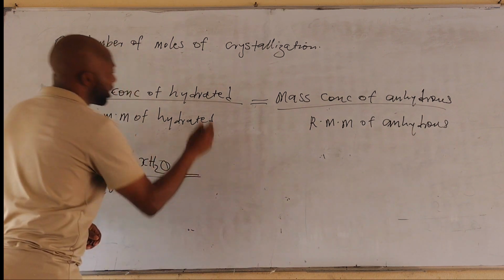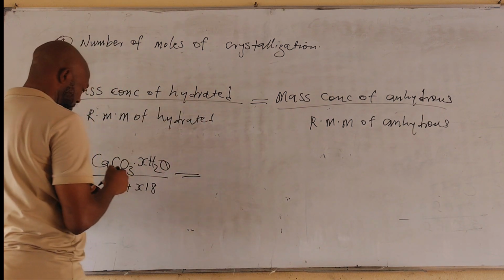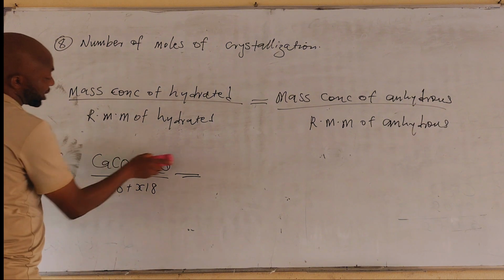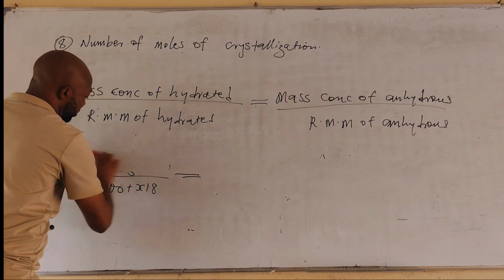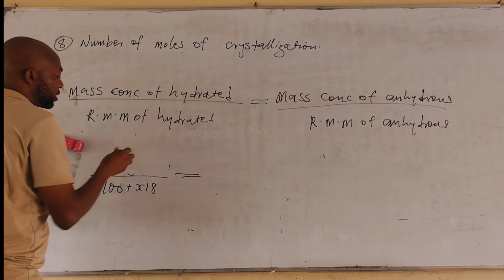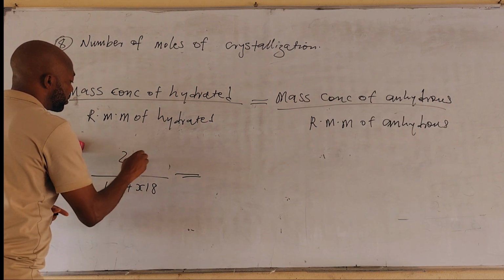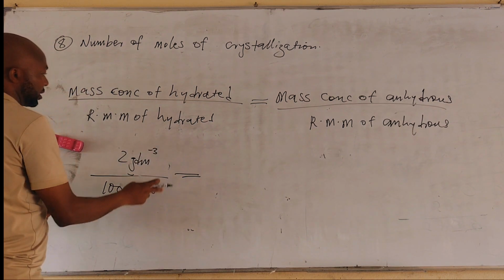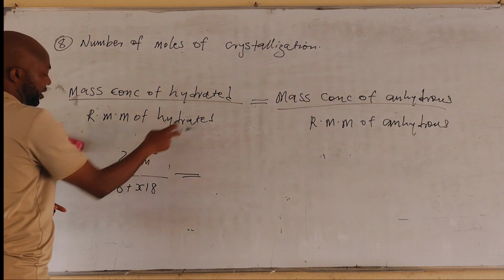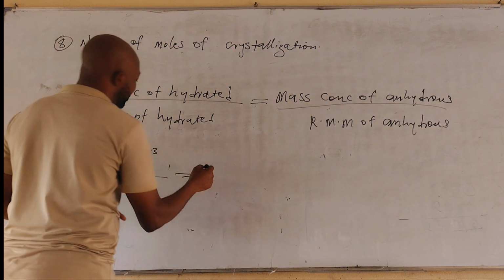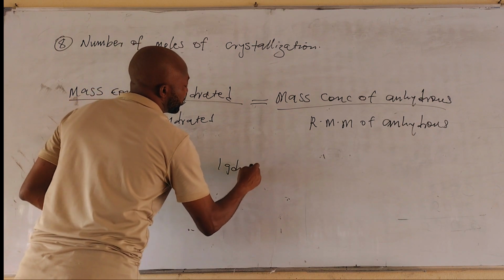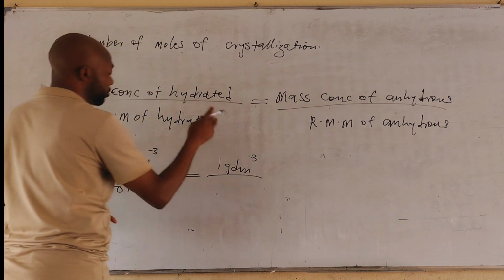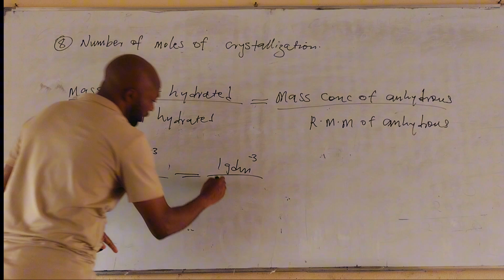Pardon me, please. This is mass concentration of hydrated, which could be anything. Let's take it to be 2 g/dm cubed, over the relative molecular mass of hydrated, which is this. This is mass concentration of the anhydrous, let's say 1 g/dm cubed, over the relative molecular mass of the anhydrous, which will be just 100.